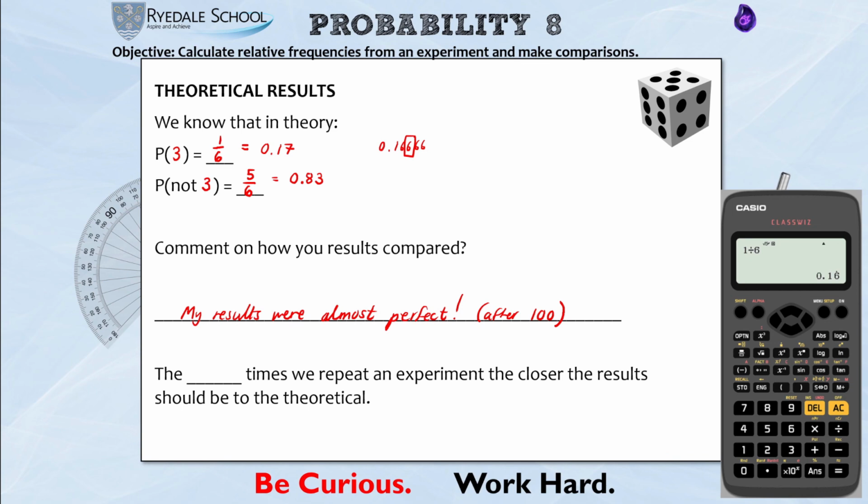Well, what we've shown here with our line graphs is the more times we rolled the dice, the closer we got to what should have happened in real life. In other words, those theoretical results. So the more times we repeat an experiment, the closer the results should be to the theoretical. So make sure you've got those conclusions written down today.